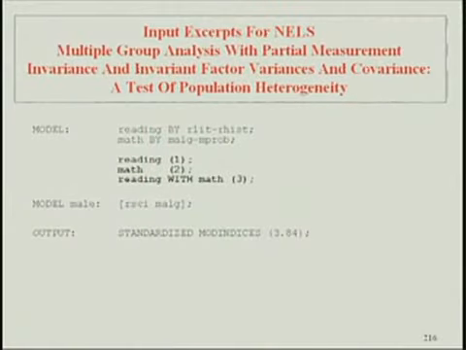So in this input, we refer to the variances of the factors by just stating their name. I'm holding the variance of the reading factor equal across groups by putting a 1 in parentheses after it, the variance of math equal across groups by putting a 2 in parentheses after it, and the covariance between the 2 factors equal across groups by putting a 3. So this is how you use the equality labels.